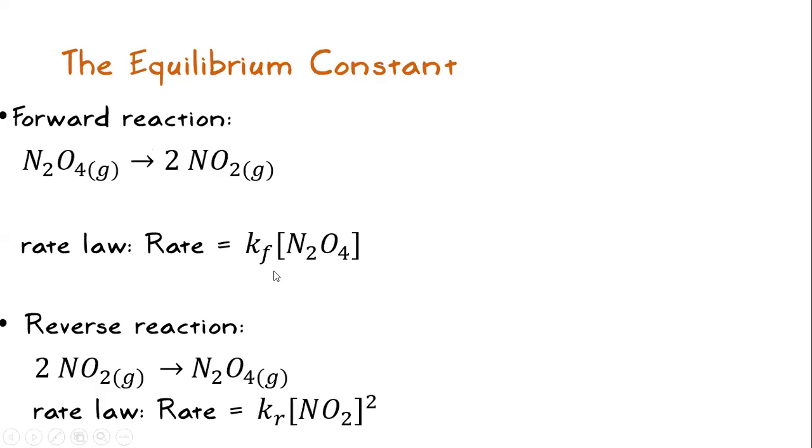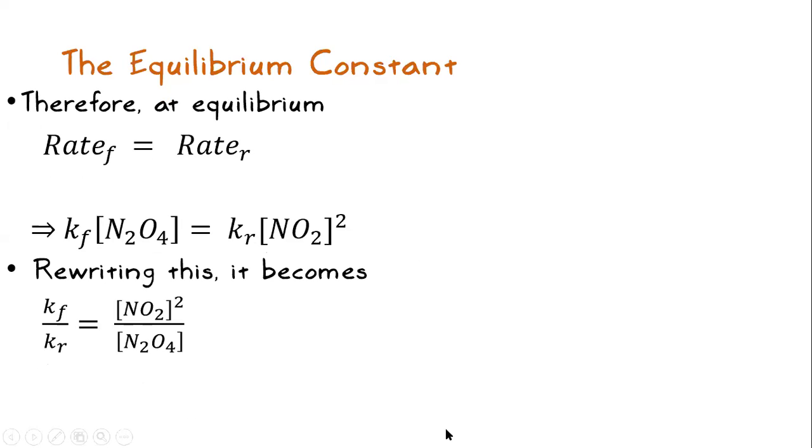So if you go back to our slide, this is the rate of forward reaction, this is the rate of reverse reaction. So we say that is equal to that. So when we rewrite this expression, we get this. When you cross multiply, you get back to this equation. So this becomes an expression for the equilibrium constant.